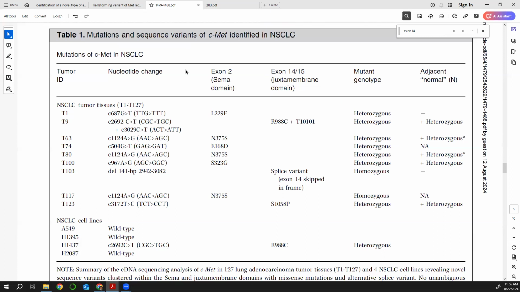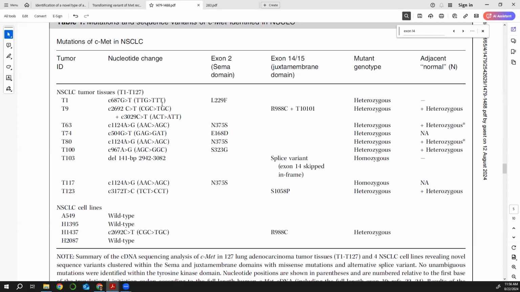Their sequencing of MET, however, revealed a different mechanism of MET activation in mutated samples. So some of these tumor samples showed semaphorin domain mutations, that's in the extracellular portion of the MET receptor.